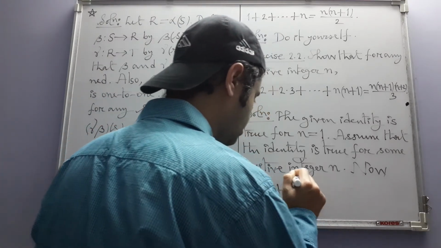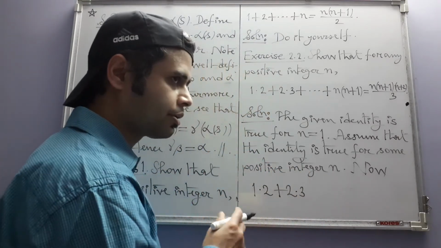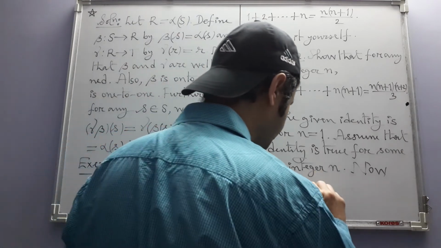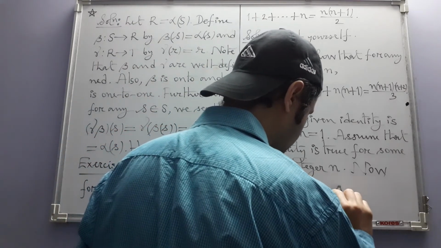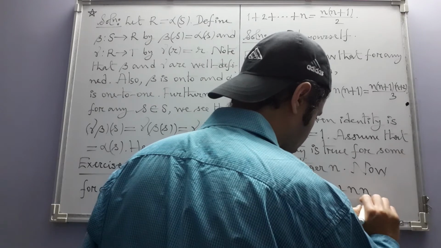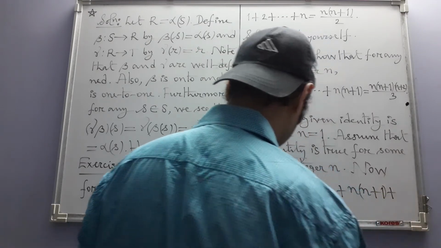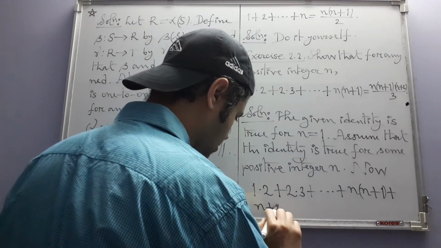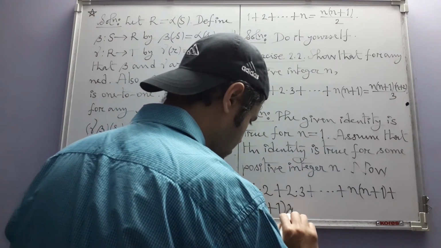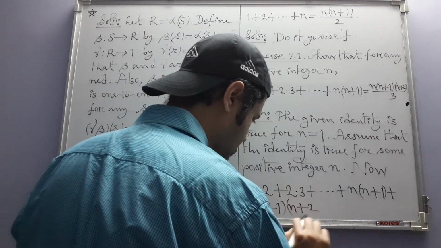So to denote multiplication, you write the dot somewhere in the middle. Then n times n plus 1 plus n plus 1 times n plus 2.